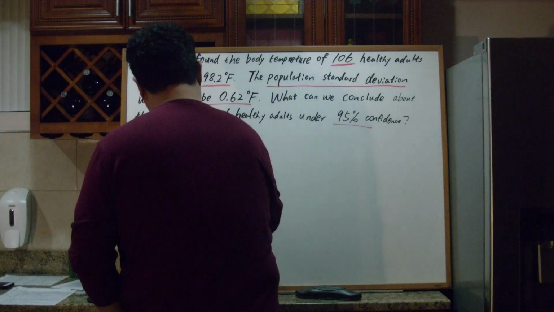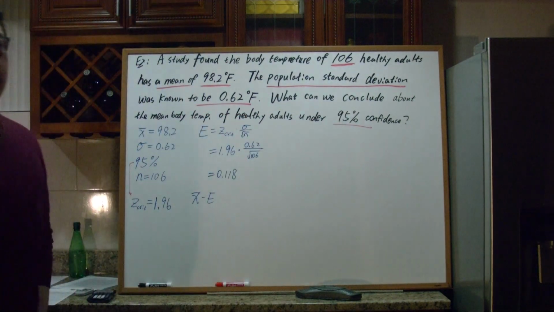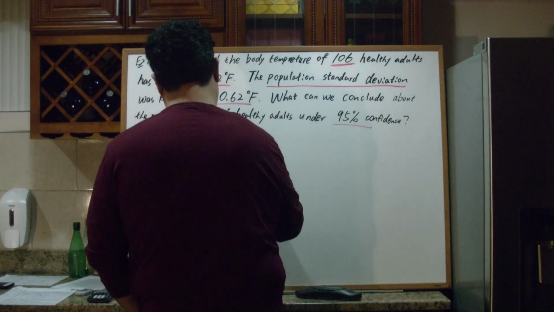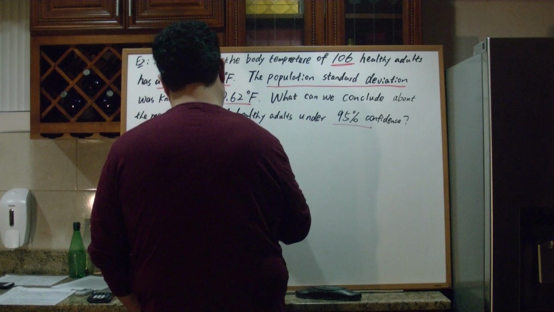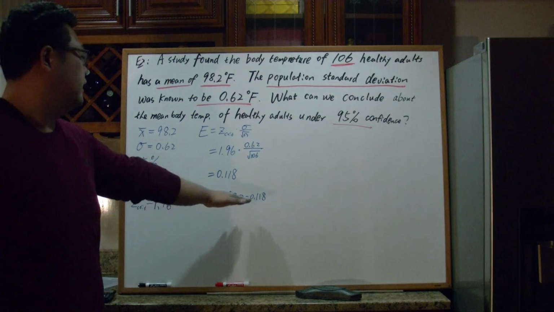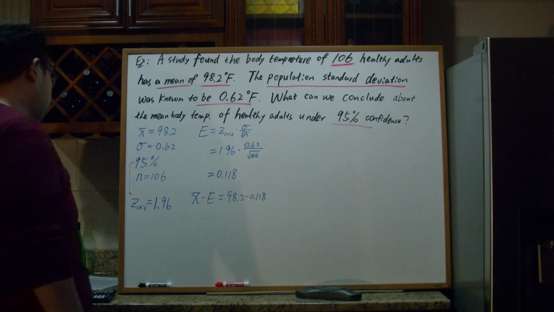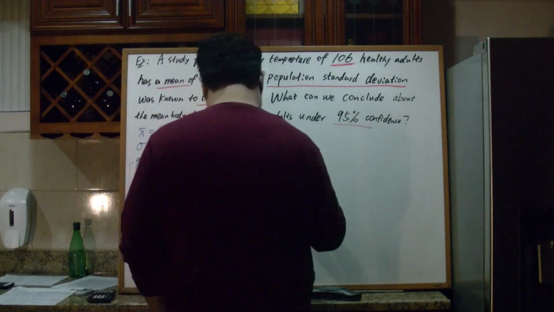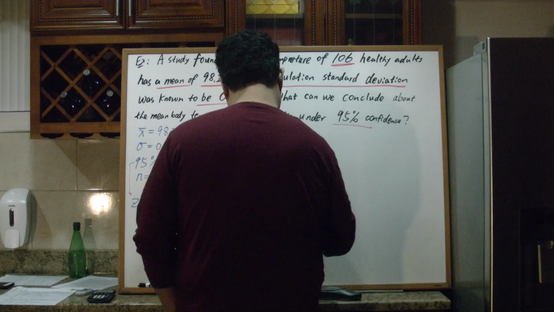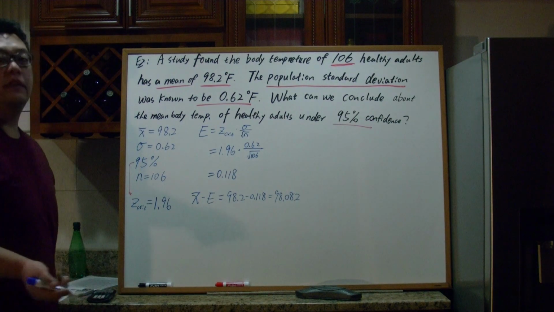Then to find the two numbers, which are the limits of the interval, the lower limit uses the sample mean minus the margin of error, and the upper limit will be the sample mean plus the margin of error.